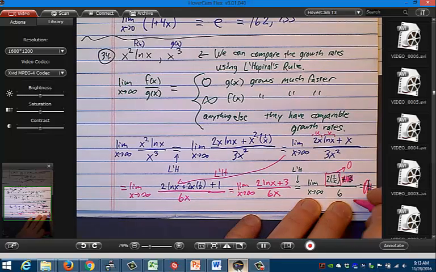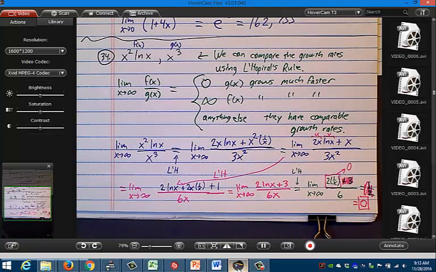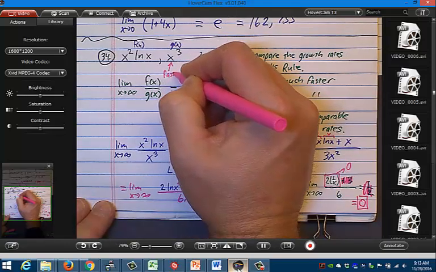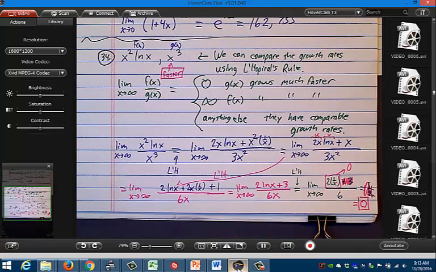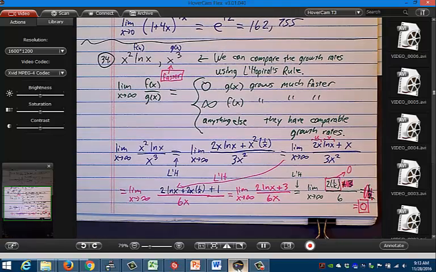Ah, that's better. Now, what did I learn? I learned g of x grows much faster, so we get faster growth here in the long run. It's funny, it's hard to see from the graph that you have faster growth.